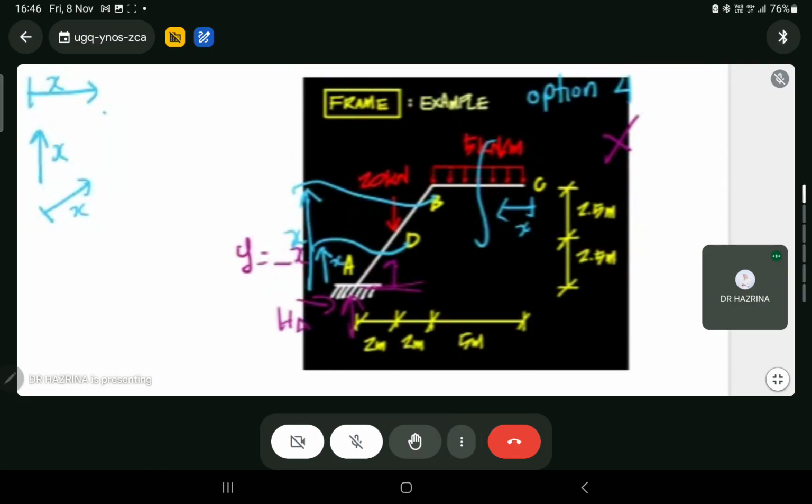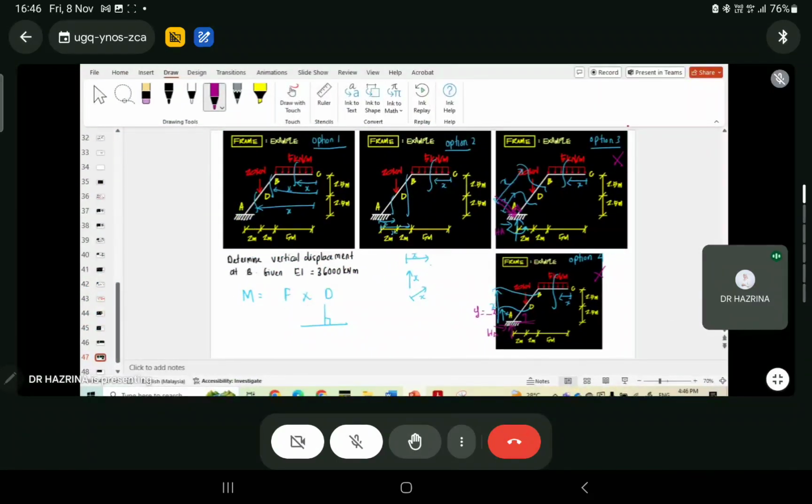Tapi kalau you tak mahir, avoid option 3 and option 4 because in this particular option 3 and option 4, you somehow rather you akan buang masa untuk nak cari reaction, buang masa nak cari dia punya angle dan sebagainya. Okay, so if I were you, I will go for option 1.